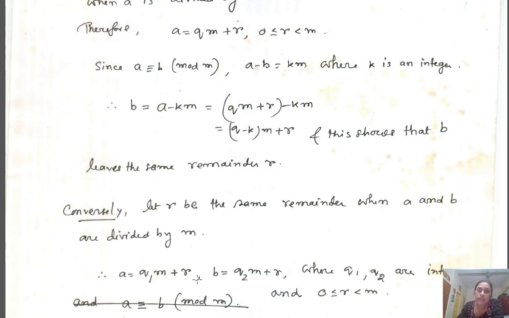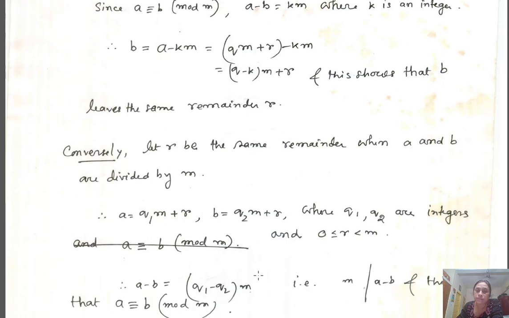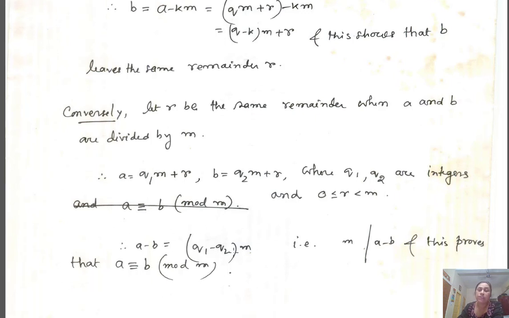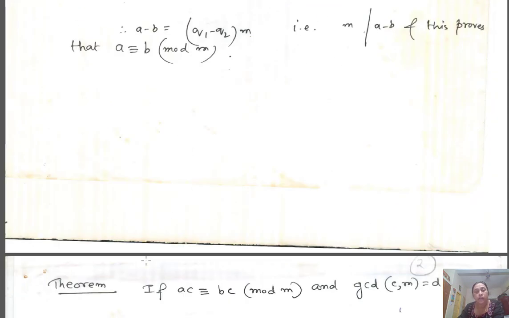Then you can see that a minus b is (q1 minus q2) times m, an integer multiple of m. So m divides a minus b, that means a is congruent to b modulo m. Whatever exercises are given in the number theory lecture regarding congruence, you can prove all of those if you just remember the definition: a is congruent to b modulo m means m divides a minus b.